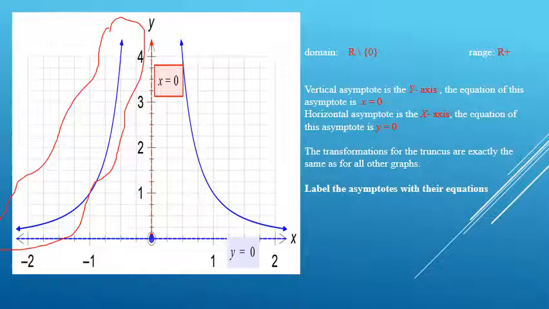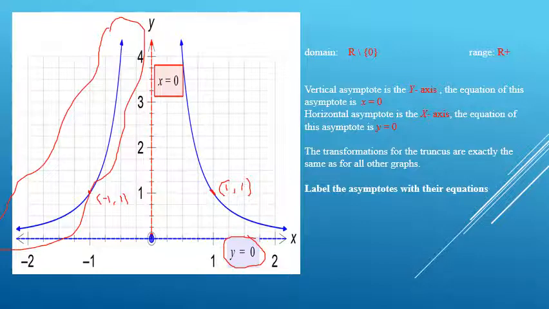So the key points actually are here, which is the coordinate -1, 1, and the matching coordinate over here on the other side is 1, 1. Right, smooth continuous curve, two asymptotes or dotted lines. The vertical one, the equation written there next to it is x equals 0, and the horizontal asymptote is y equals 0.